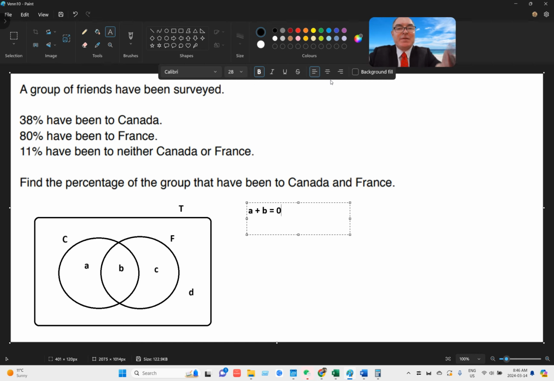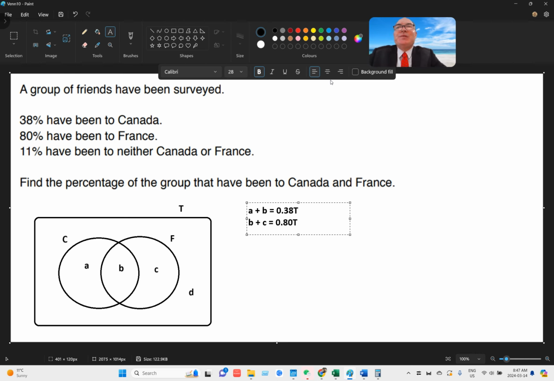I'm just going to write 0.38 of the total, T. 80% have been to France. Some of those have also been to Canada. So B plus C is equal to 0.8T.